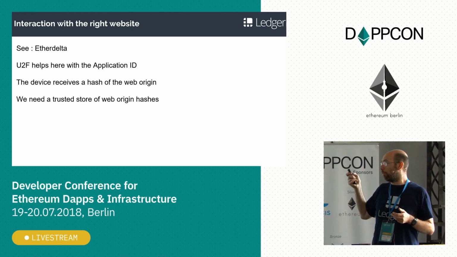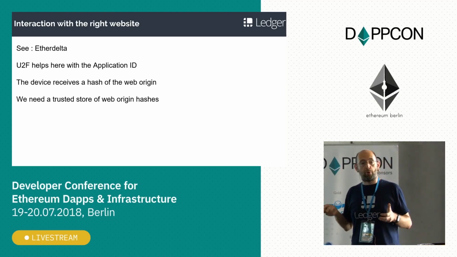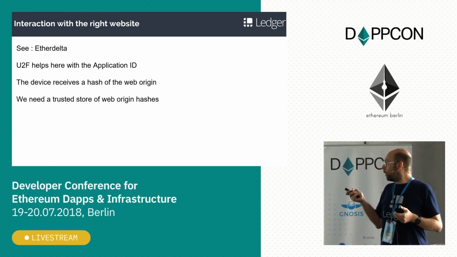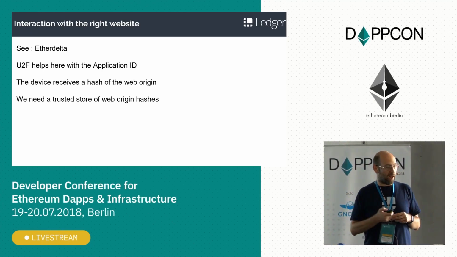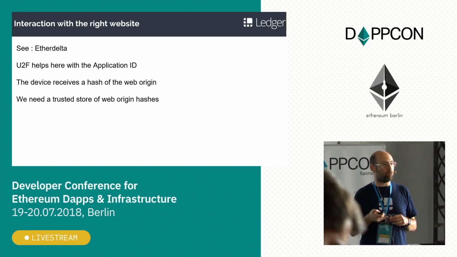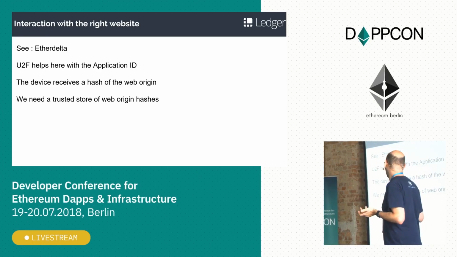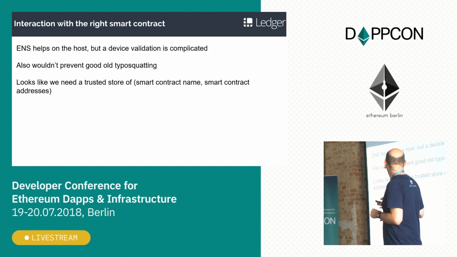But in order to properly verify that the hash matches the website you are interacting with, you need to have a trusted store of web origin hashes. So you basically move the problem from not knowing anything to needing centralized stores, so it's not exactly good.